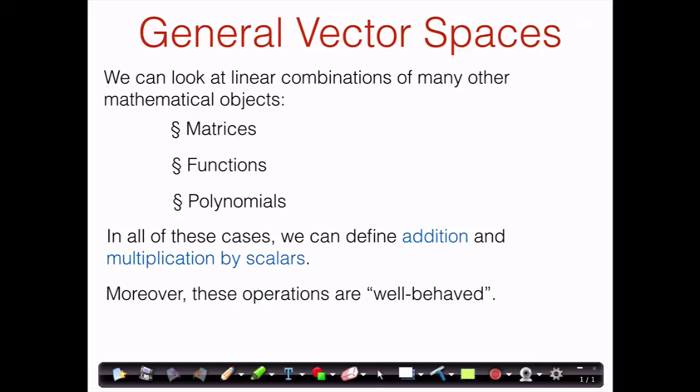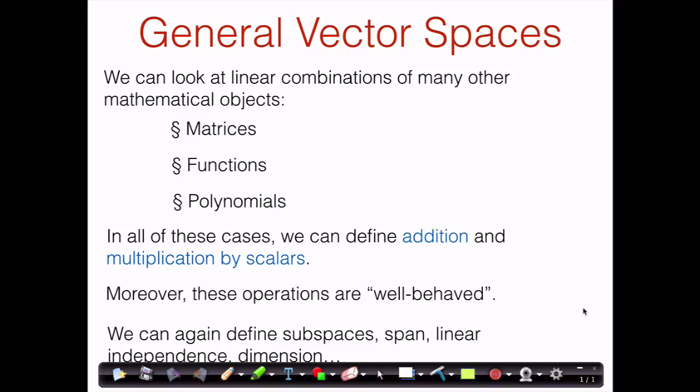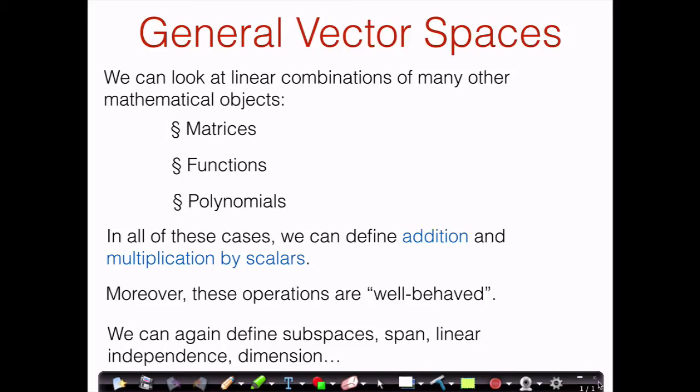They follow certain nice rules, the same kind of rules that addition of vectors in Rn satisfy. So once we have this definition of linear combination of these objects that satisfy certain rules, then we can again define subspaces, spans, linear independence, and a lot of the results that we've already shown for Rn carry over to all these other settings.